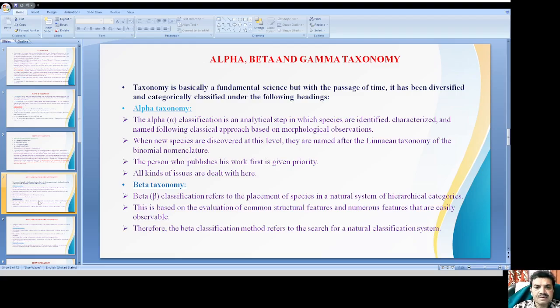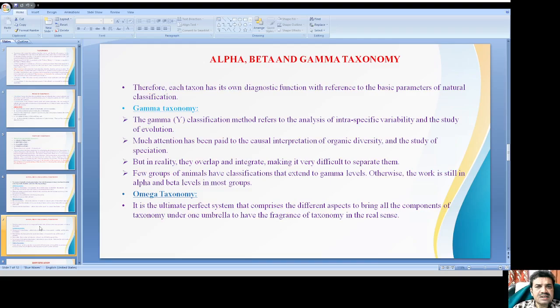That means the common structural and numerous features are easily observable, and this becomes the source for the identification of the plants, followed by the classification, which is called the natural system of classification, that you will find in the most convenient system of classification, which is called the Bentham and Hooker system of classification in this particular aspect.